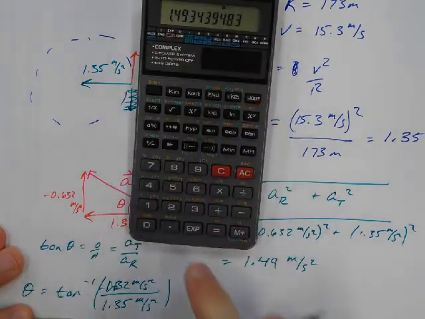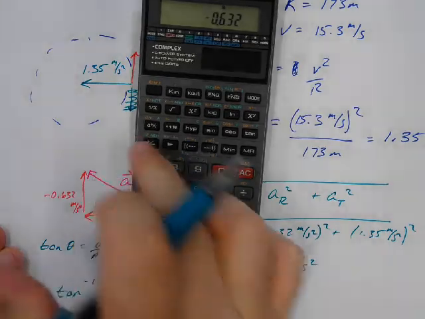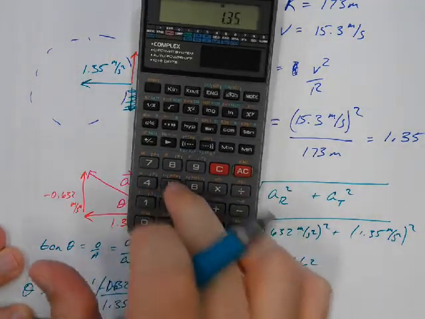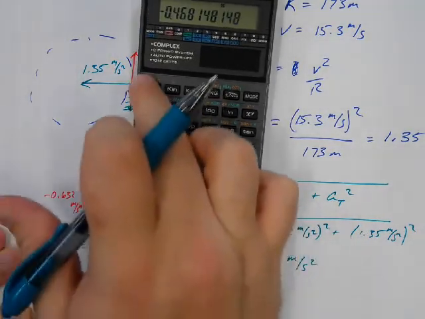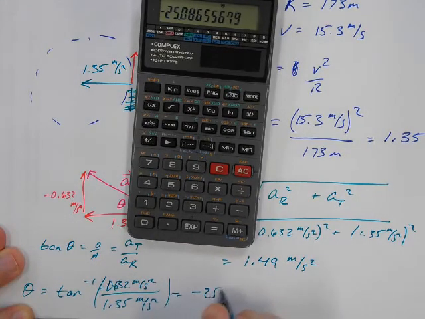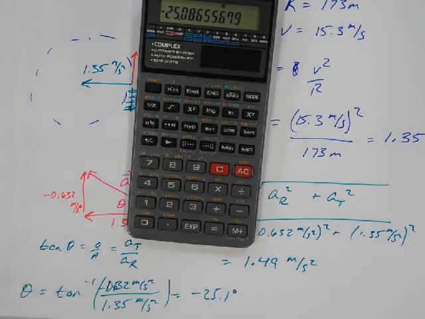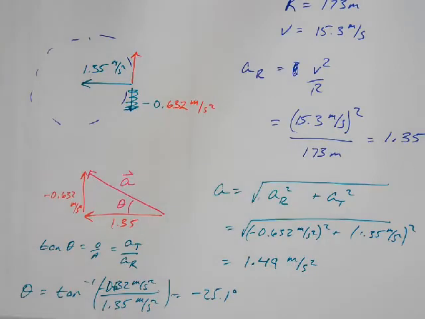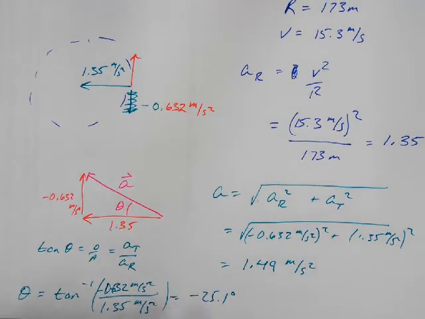And so if we do that, 0.632 divided by 1.35, an inverse tangent, this is minus 25.1 degrees. And looking at my solutions, I trust that that's right. But the minus sign is telling us it points backwards. All right, that kind of makes sense.